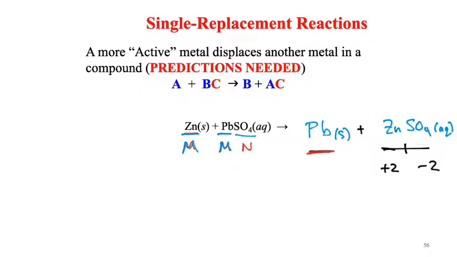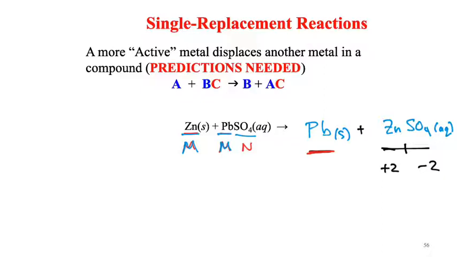So that you could solve this question faster than someone that had to look up all those answers. That's why we memorize. Shortcut the amount of work we have to do. Efficiency. Do those charges balance out? Yes. So when we're predicting, we have to predict products that have 0 charge. So those charges would cancel, which means zinc sulfate is a perfectly fine product.